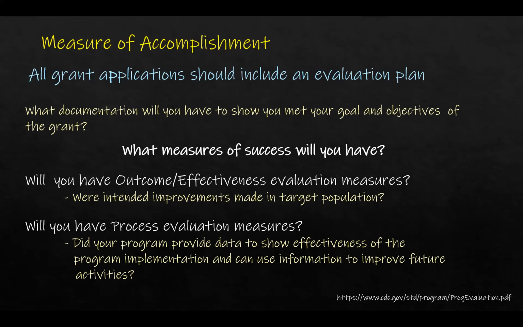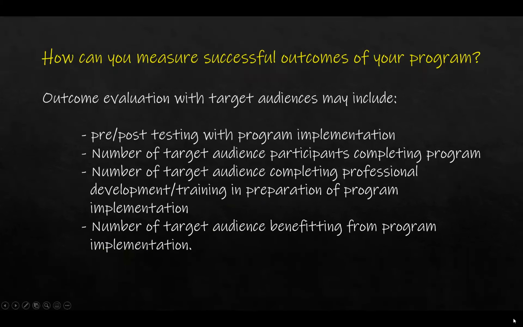Can you use that information for future activities? What kind of evaluation is your application asking for? Make sure you have the right data collection to show the evaluation that you need. How can you measure the success of your program?